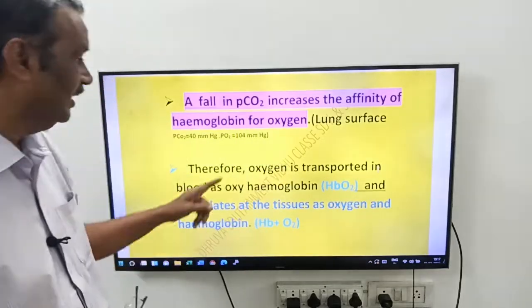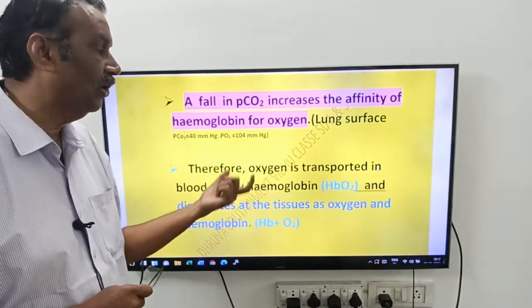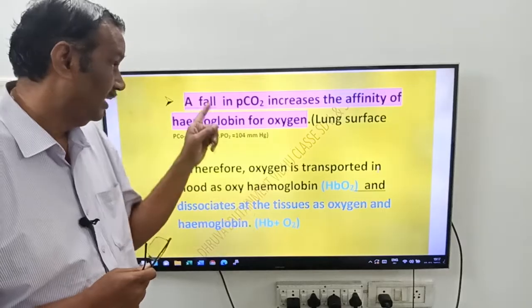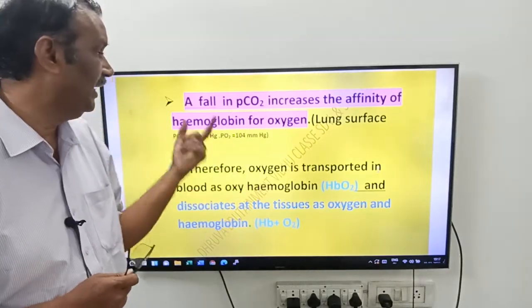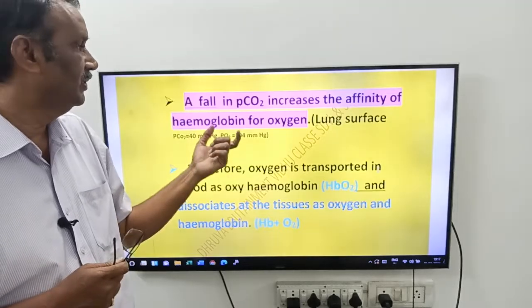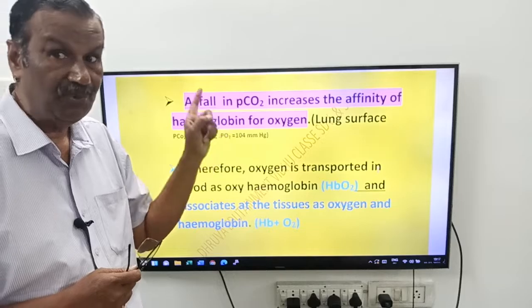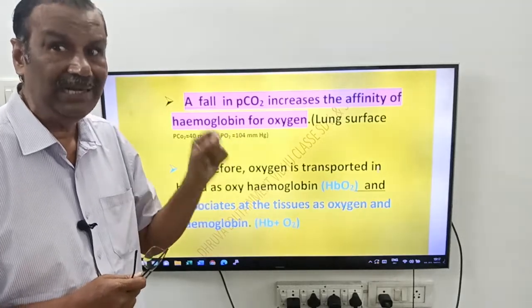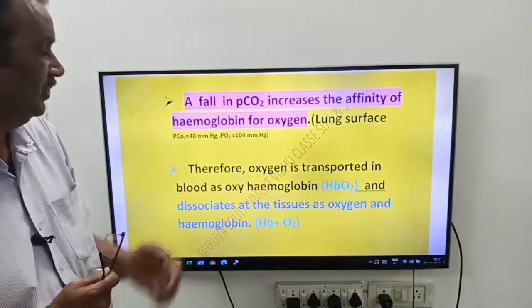Therefore oxygen is transported in blood as oxyhemoglobin. A decrease in pCO2 increases the affinity of hemoglobin for oxygen.